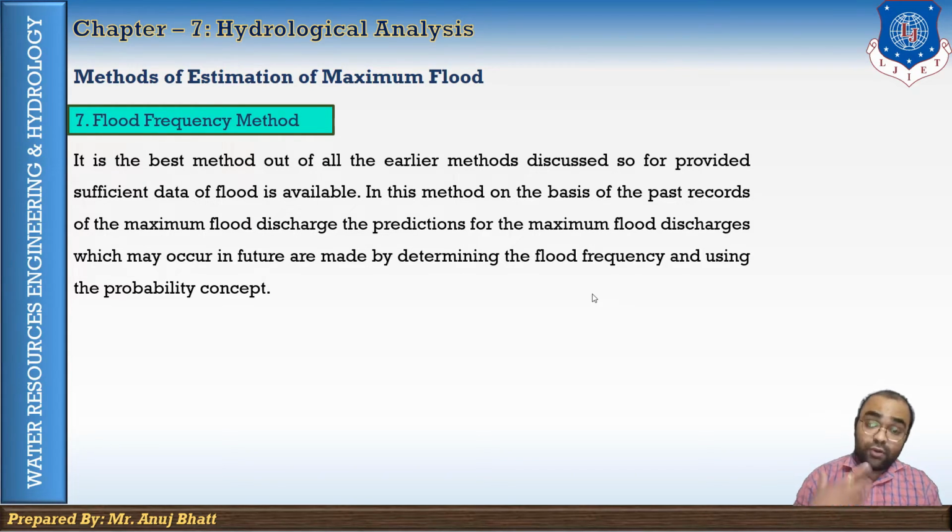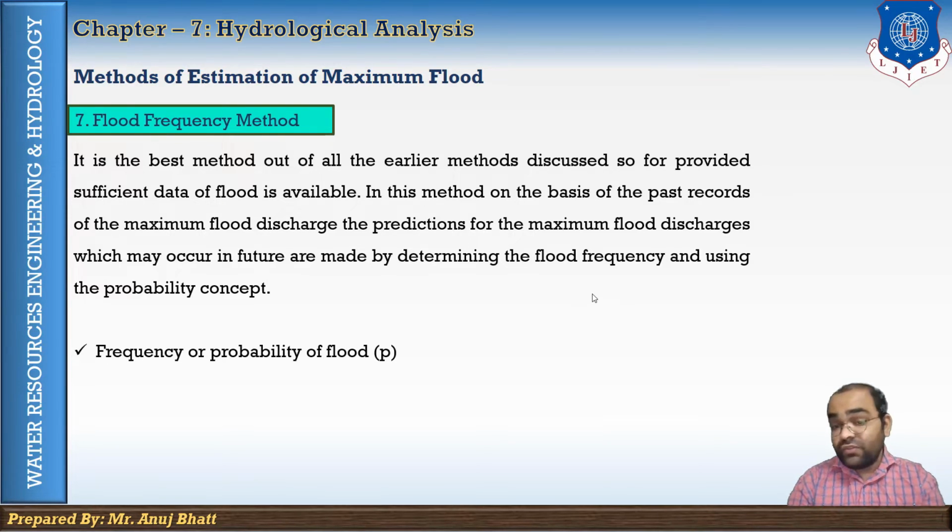For this probability theory, we need to understand some terminology. As we have discussed, in this method the predictions for the future flood are made on the basis of the available data. So for that, we have to understand the probability of flood, or we can say the frequency of the flood.